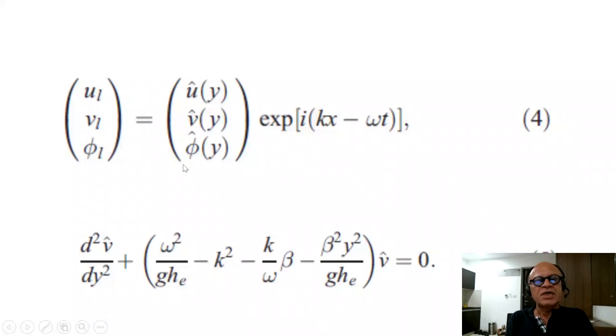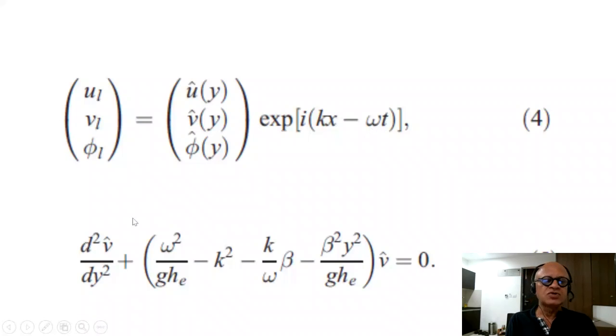So you pick meridional structure functions for u, v, and geopotential height with the waveform exponential i(kx minus omega t), where k is the zonal wave number, x is the longitudinal coordinate, and omega is the frequency.